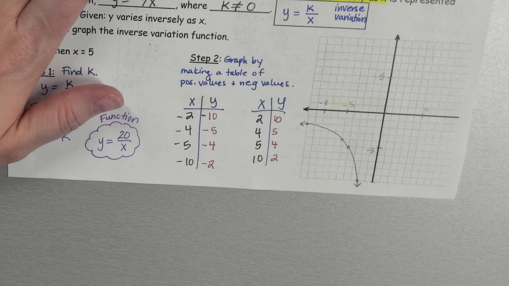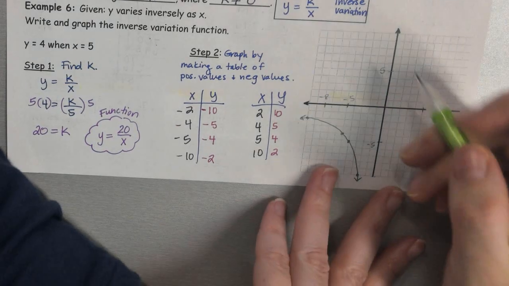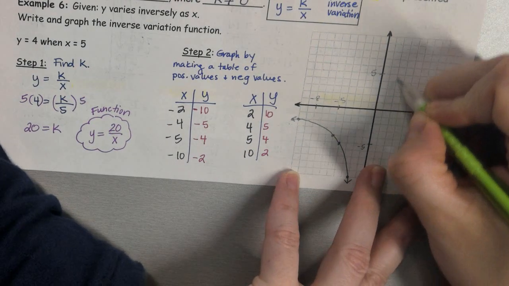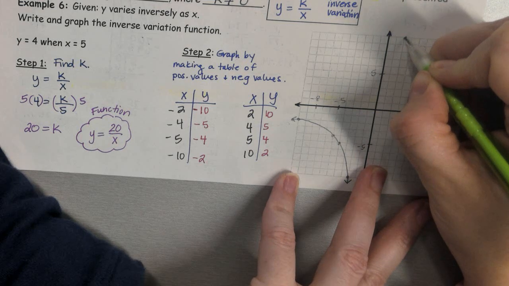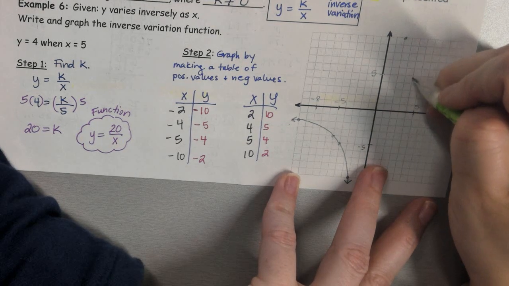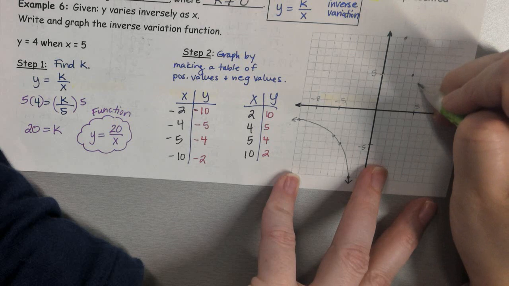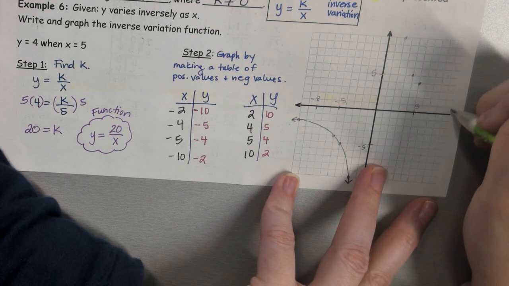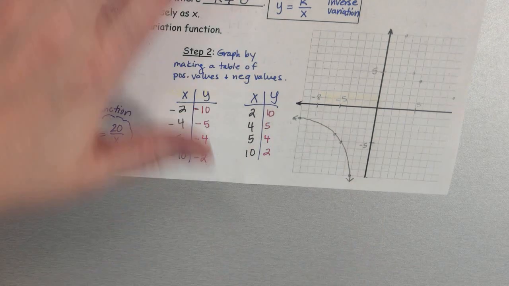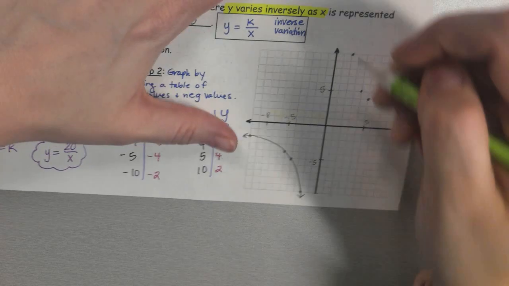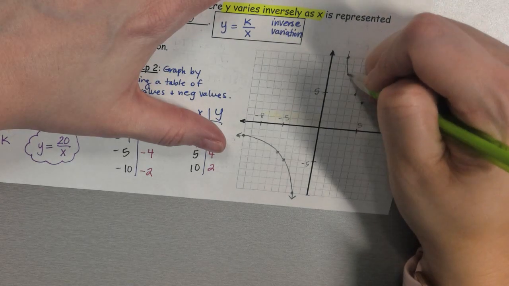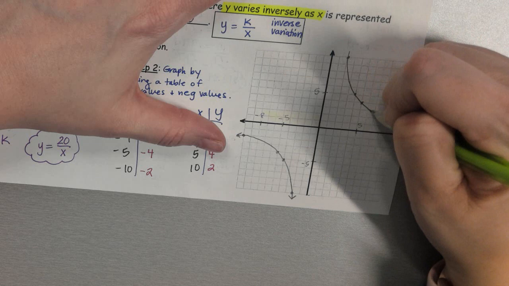Okay, now we're going to draw the other branch. So we have (2, 10), (4, 5), (5, 4), (10, 2). And again, you're connecting those with a curve.